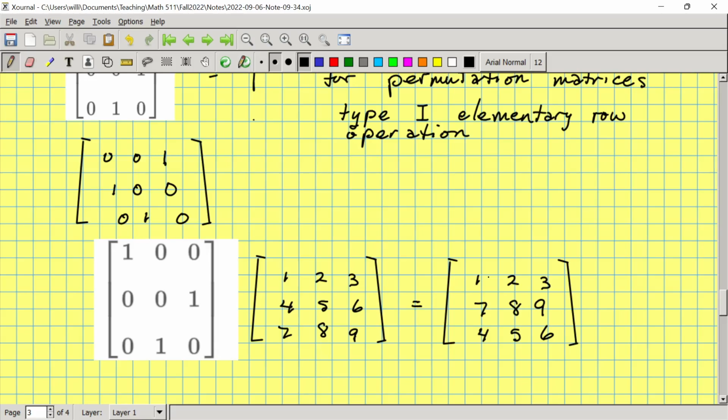If you apply the permutation again, won't it switch them back? If you square it, you get the identity, right? Yeah, type 1 elementary matrices are always their own inverse. They're invertible, and the inverse is itself. Okay.